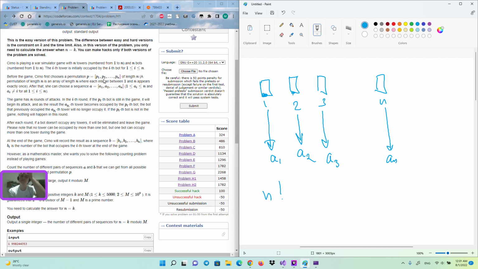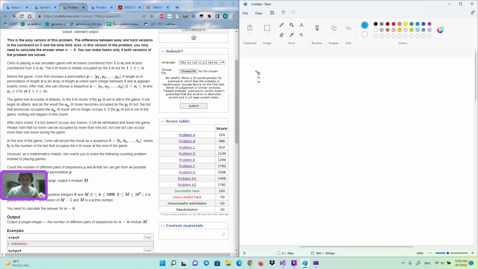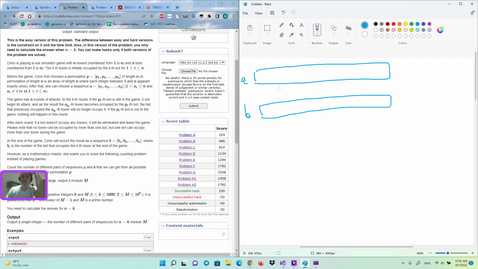So what is the correct pair of A and B? We have some array A and some array B. What is A? A is simply a graph in which every vertex has exactly one outgoing edge.